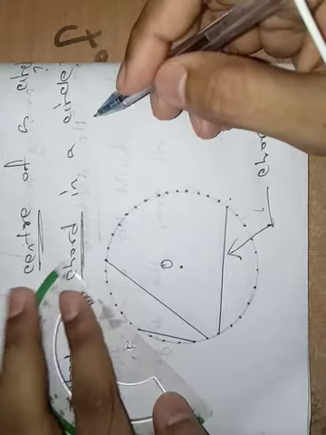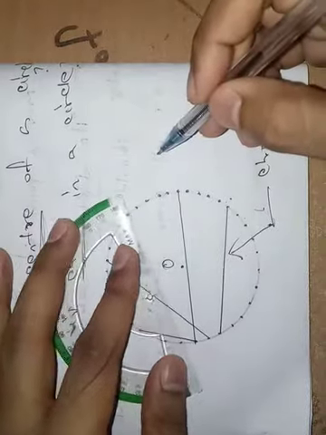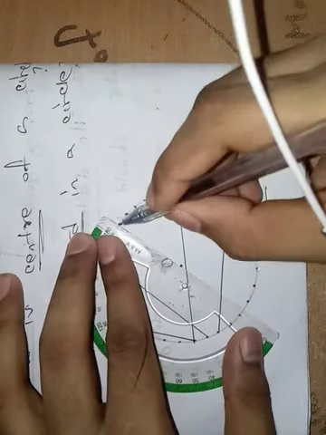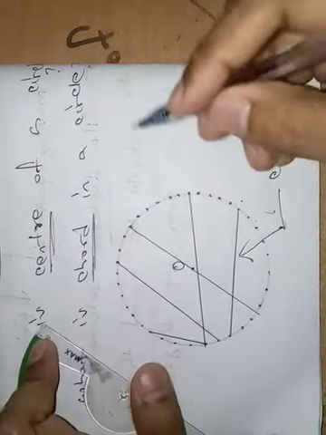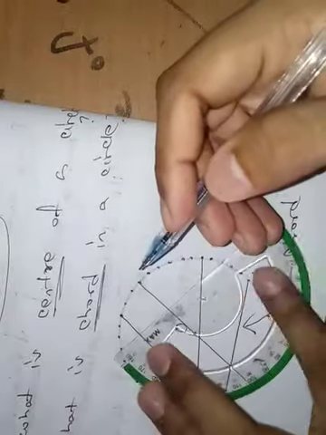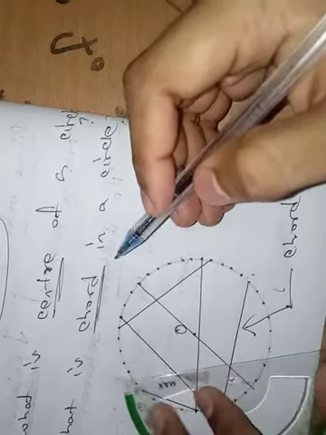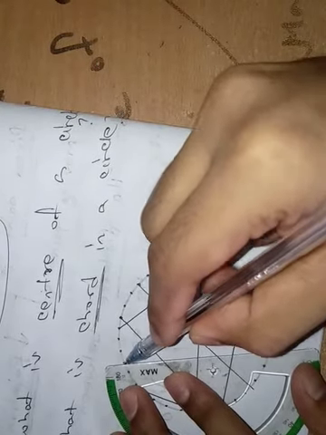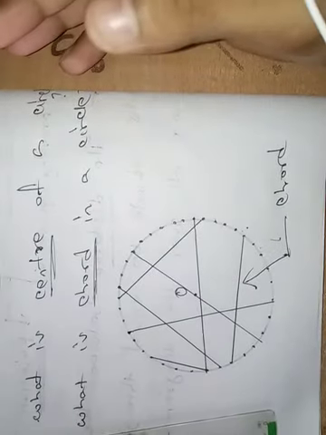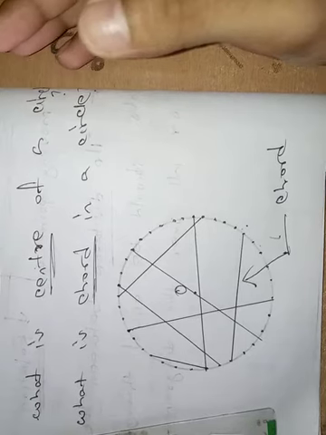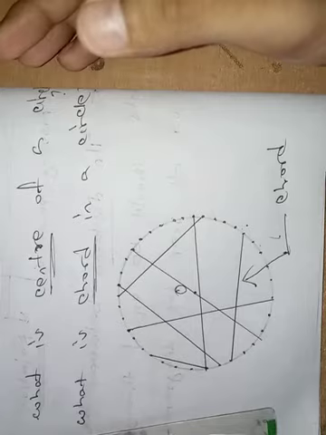This is also a chord. If you join two moving points of a circle, you will find a chord.